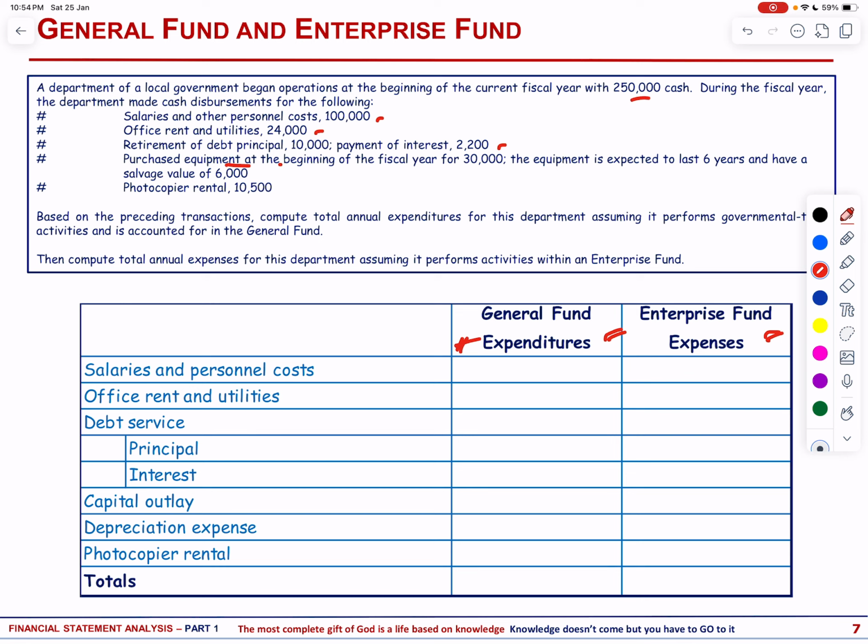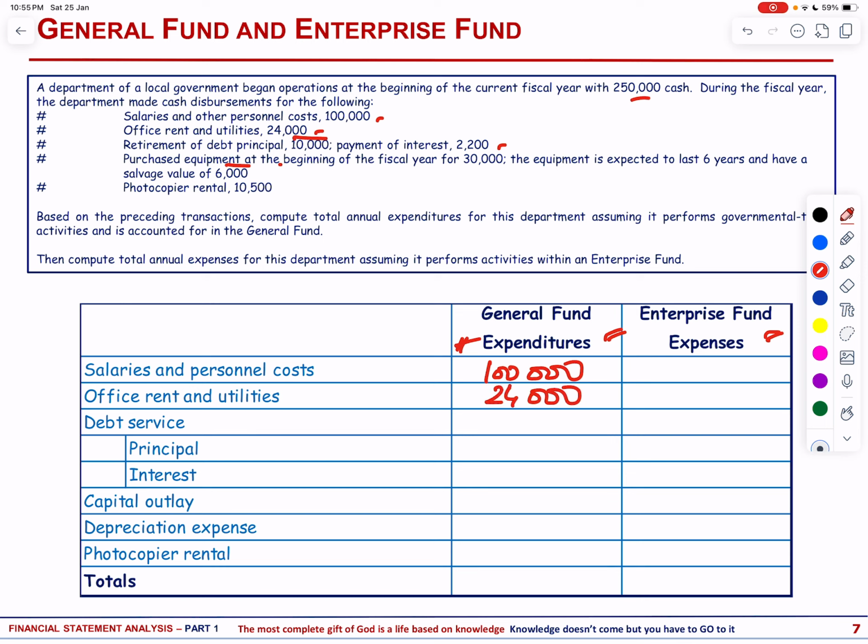We start with the first one, that is salaries and other personal cost, that is 100,000. Now this is a direct expenditure for personal cost, and that is 100,000. Then office rent and utilities expenditure is 24,000, and this is a cost incurred during the fiscal year and it has to be recorded as well.